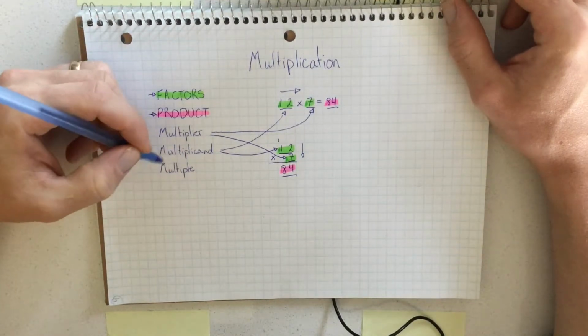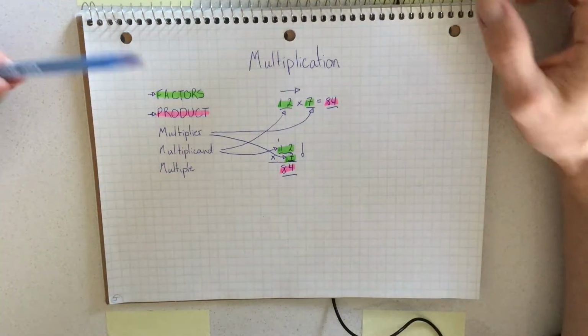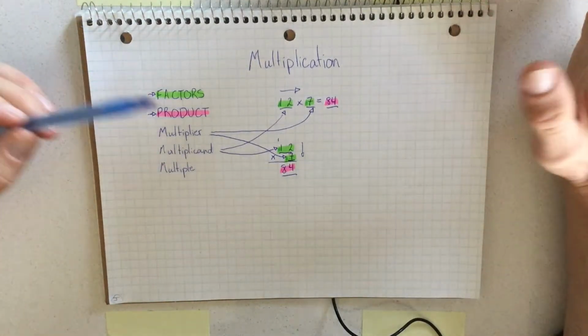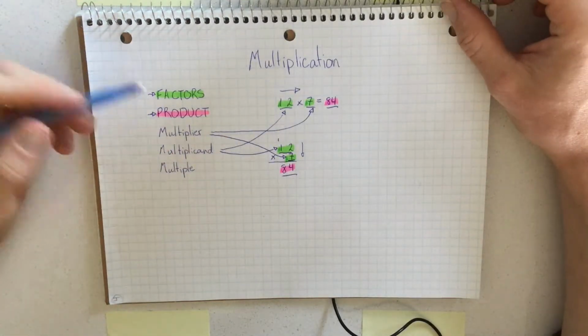Multiple relates to the product. It basically means that it can evenly be broken down into groups of either of the factors.